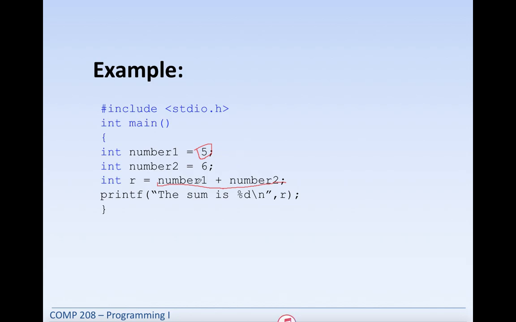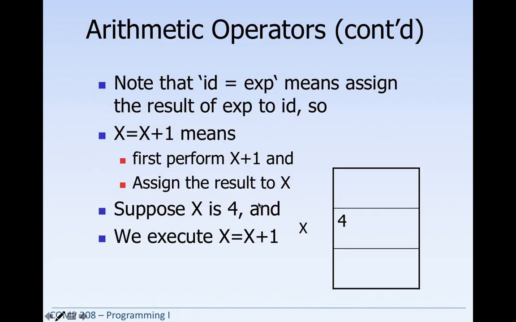Now the result, 11, is assigned to r. The sum is therefore %d \n. %d is replaced by whatever is after the string of characters, as we discussed. So comma r is going to be put instead of %d. In this case, what do we have in r? We have 11. All right.